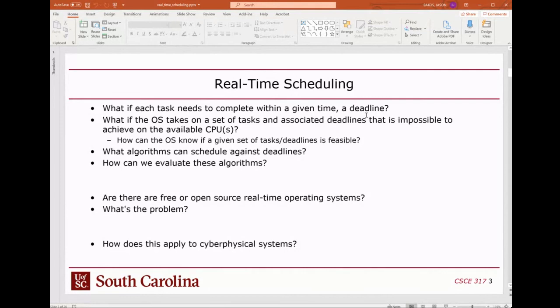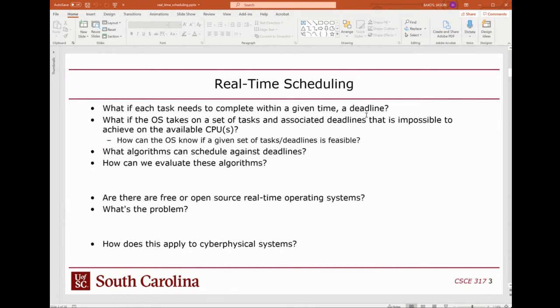It turns out this is a really hard problem. When I was a grad student, I used to think that this was going to be solved at some point, like we'd figure this out. But as far as I know, there aren't any open source or free real-time operating systems. They don't exist. There are real-time operating systems, but they're all commercial, very expensive, and proprietary.